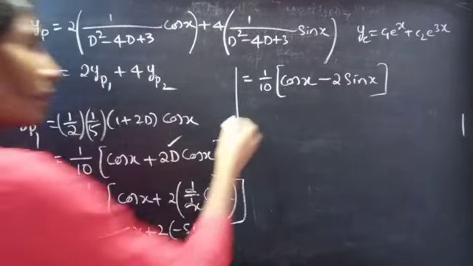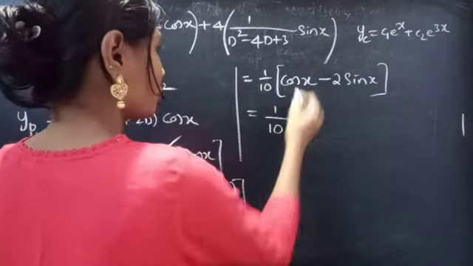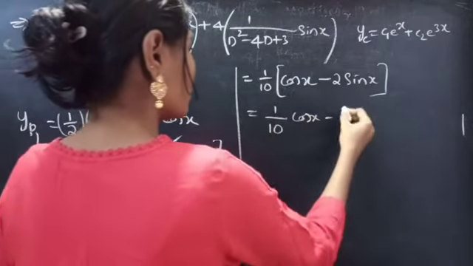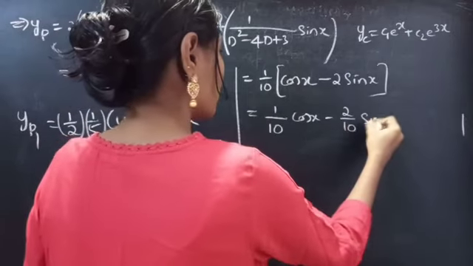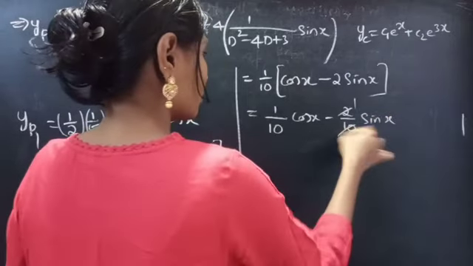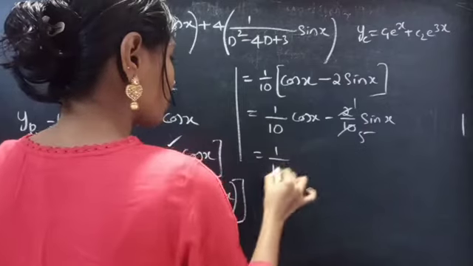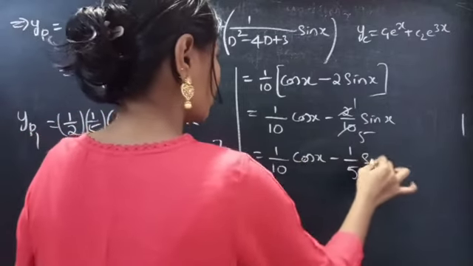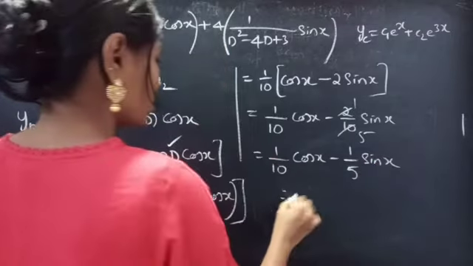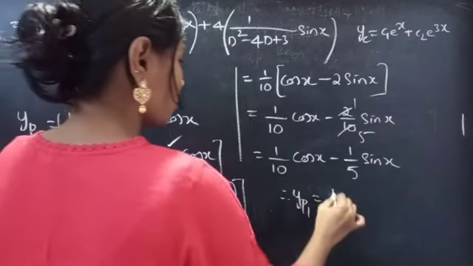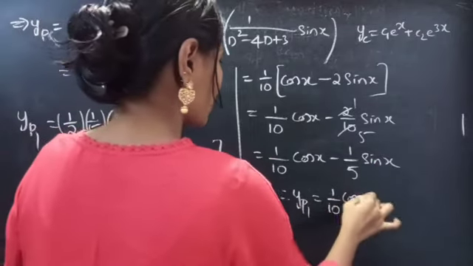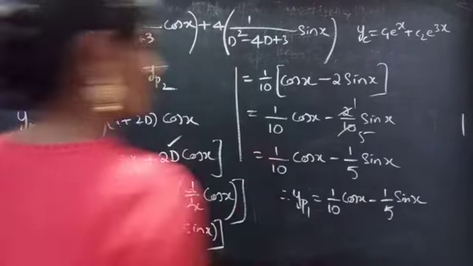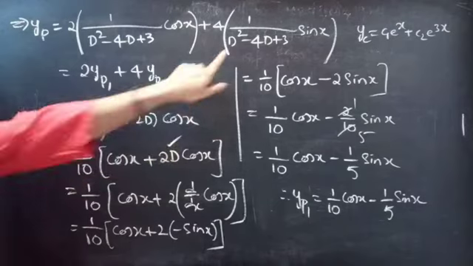Or you can just write this as 1 by 10 into cos x minus 2, 1 by 10 into 2 is 2 by 10 into sin x. 2 1s are 2, 2 5s are 10. This is equals to 1 by 10 cos x minus 1 by 5 sin x, right? Therefore yp1 equals to 1 by 10 cos x minus 1 by 5 sin x.